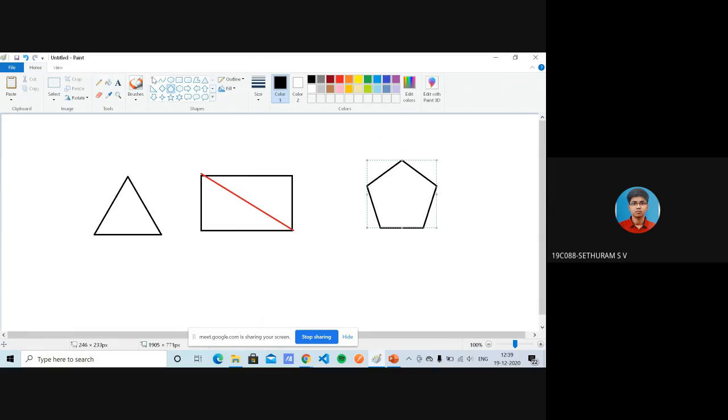As you can see over here, if we connect this vertex to this one, we will be getting a triangle and a parallelogram, or whatever polygon you want. Just think of slicing this pentagon into two polygons after connecting these edges.